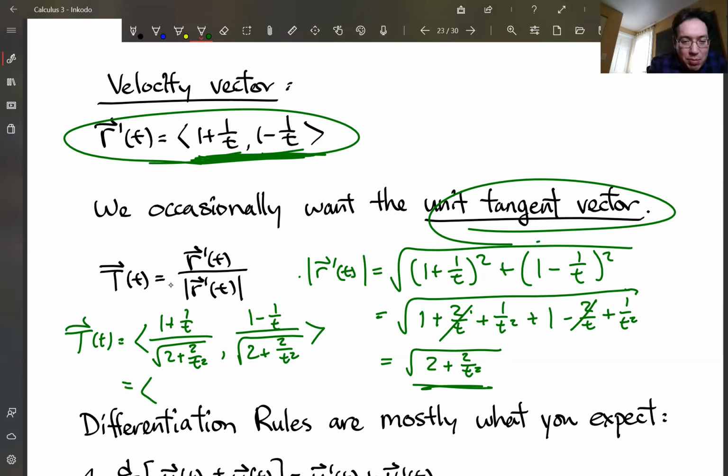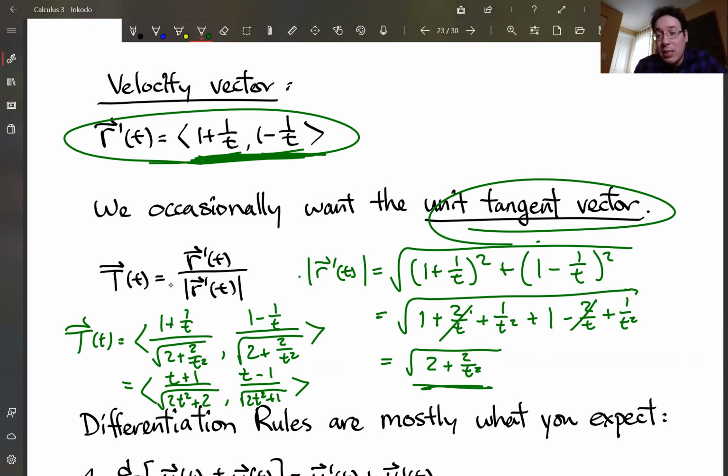So that will end up being t plus 1 in the numerator and square root of 2t squared plus 2 in the denominator, and a very similar thing for the y component. Okay, which is still a complicated expression, but definitely simpler than before.